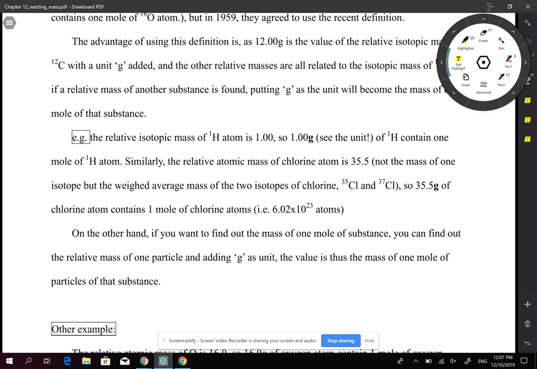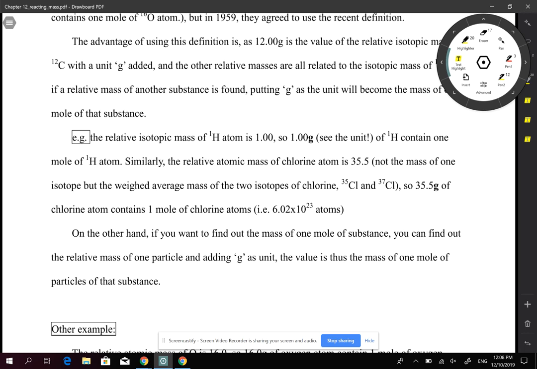At first, they wanted to use hydrogen: 1 gram of hydrogen equals 1 mole. But for the real scientist discussions, there is a very small difference between using 1 gram of hydrogen as 1 mole and 12.0 gram of carbon 12 as 1 mole. Because nowadays our calculations only go up to 1 decimal place.